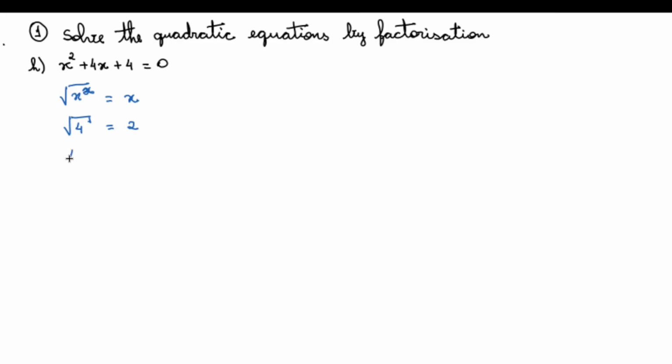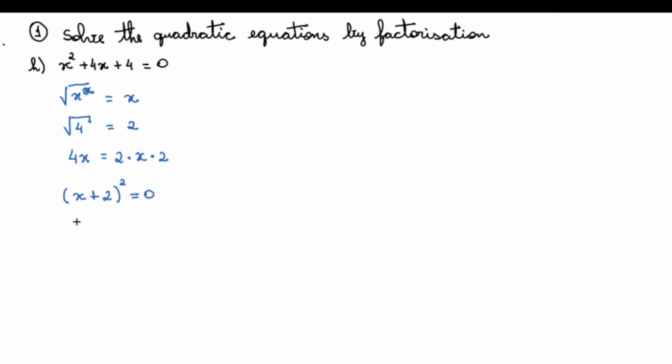So 4x can be written as 2 times x times 2. So the factorization of this equation will be x, the square root of the first term, plus 2, that is the square root of the last term.